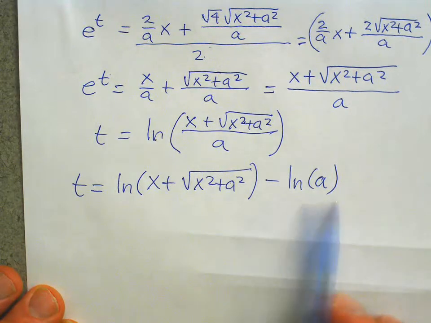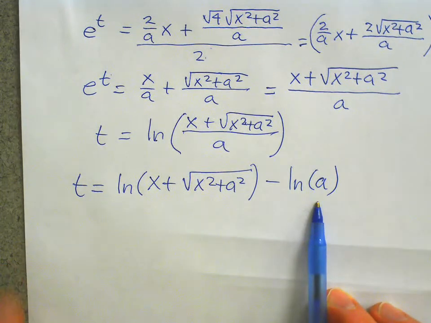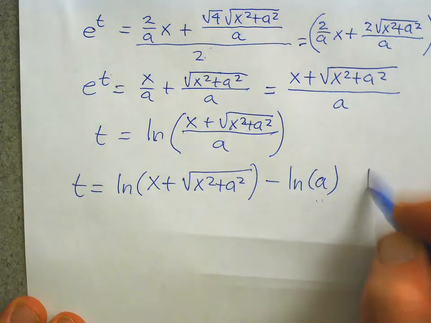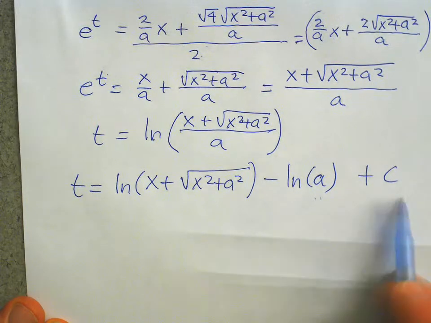But the natural log of a is just a number. It's just a constant. So we can include that with the plus c that we would put with the indefinite integral.